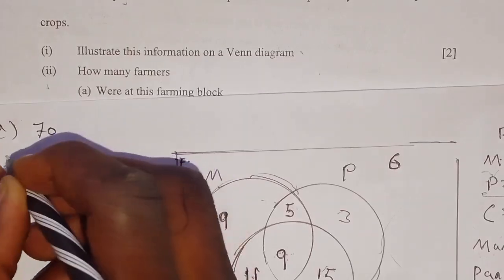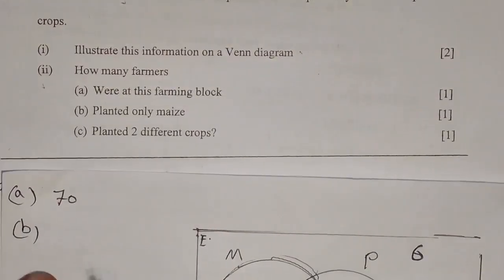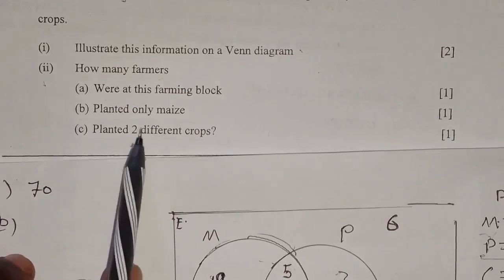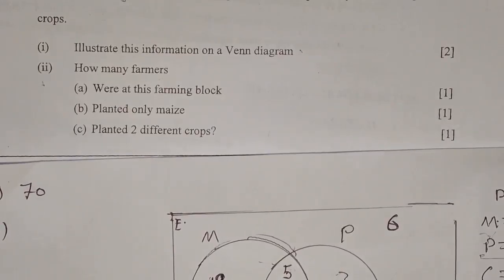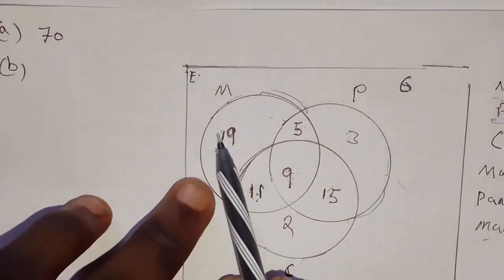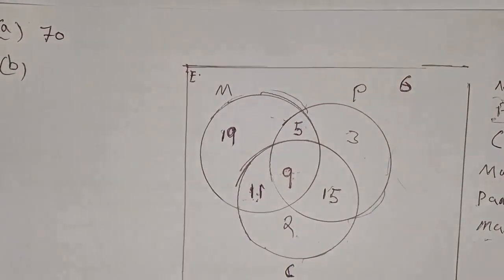Okay, let's now answer B. How many farmers planted only maize? So for those who planted only maize, you just get these. These are the farmers who only planted maize.